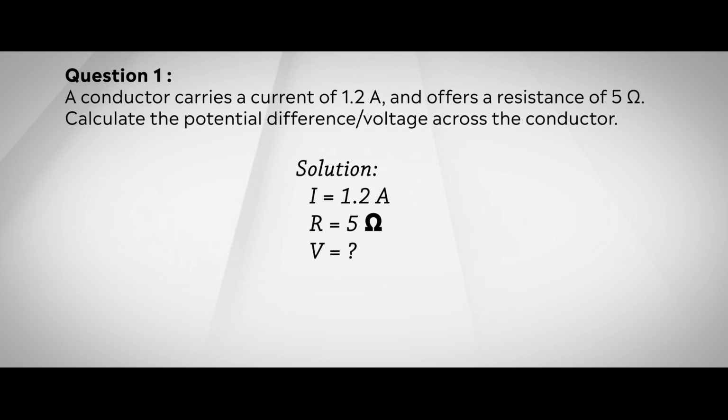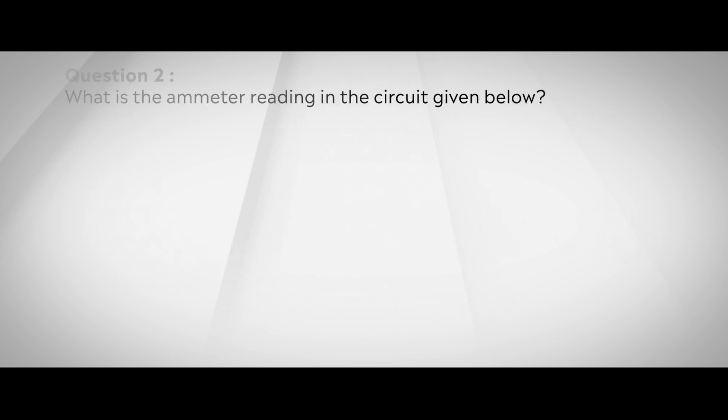You have already learned the formula, that is voltage is equal to current times resistance. That is V is equal to IR. Substituting the values, V is equal to 1.2 times 5. That is voltage is equal to 6 volts. This is your answer.